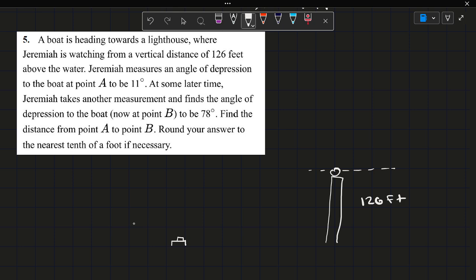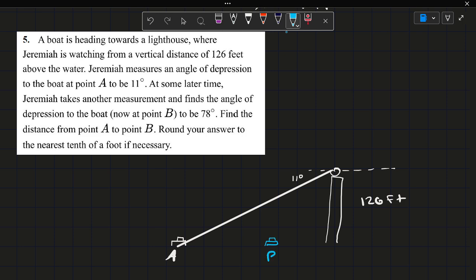So let's draw a line from the boat to the lighthouse. He said the angle of depression. So we take the horizontal line and then we move downwards from the horizontal line. So we have 11 degrees this way. And this is point A, as it said. And now it says Jeremiah takes another measurement and finds the angle of depression to the boat, now at point B. So let's draw point B over here.